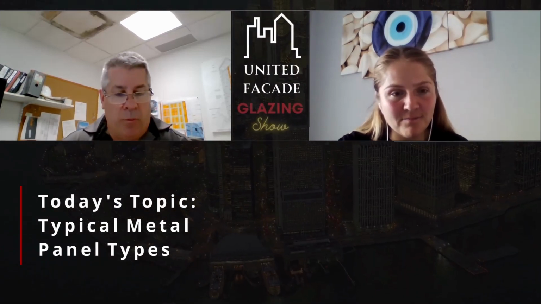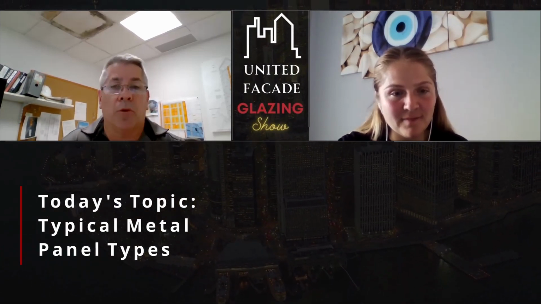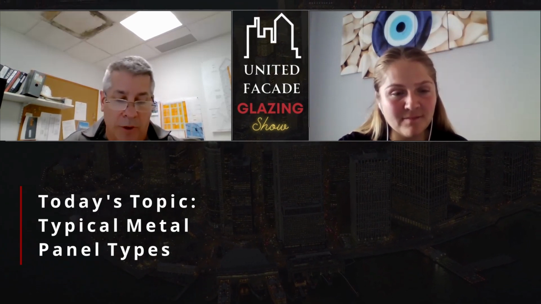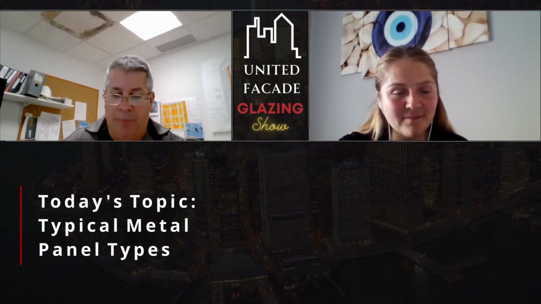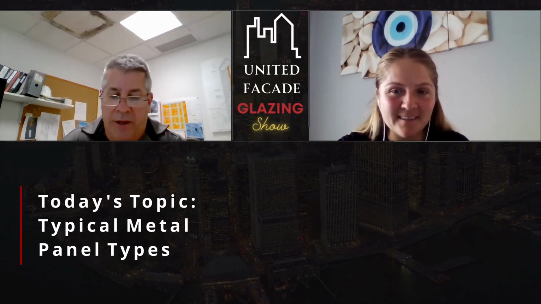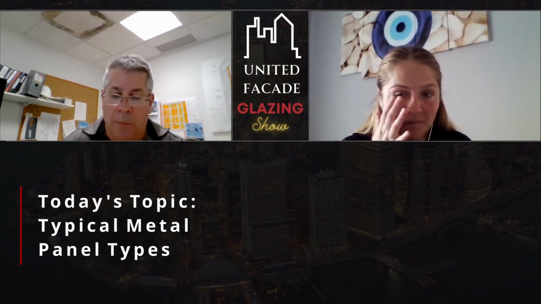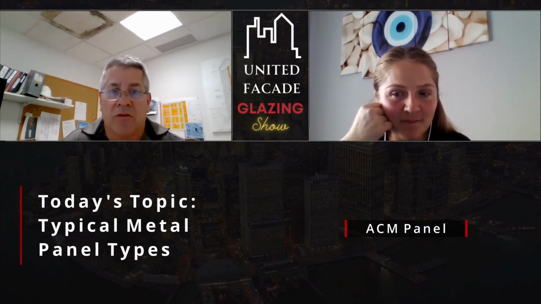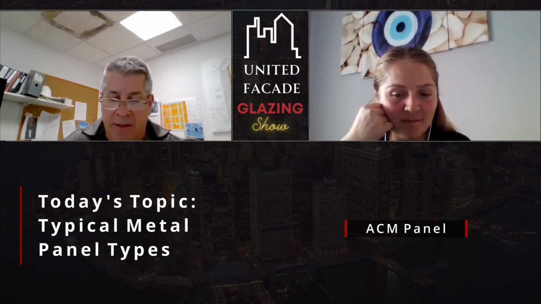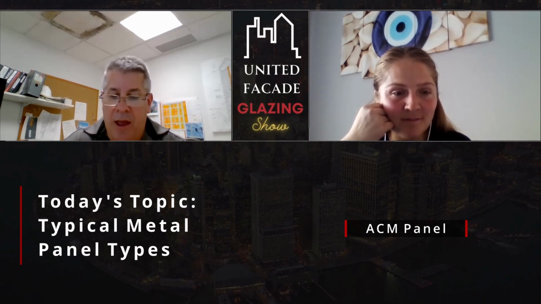So we can start off with, I'm going to say probably the most typical that you would see out in your local city, which would be an ACM panel. An ACM panel is short for aluminum composite material. There are multiple manufacturers throughout the world that make these ACM panels.